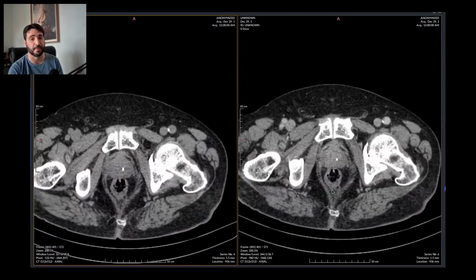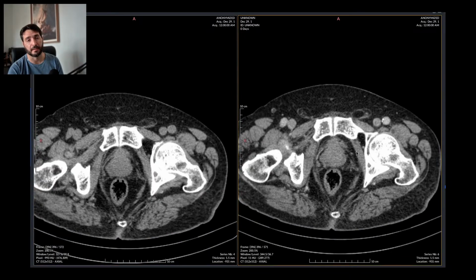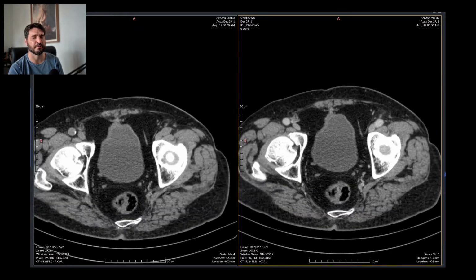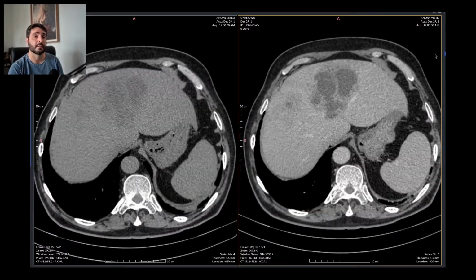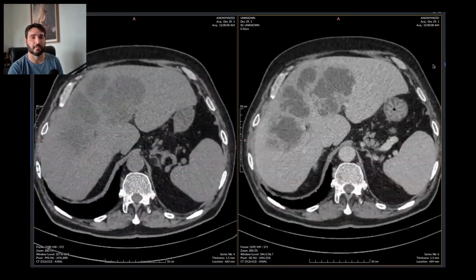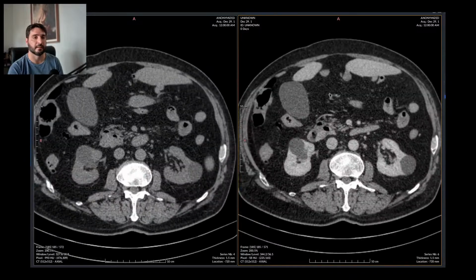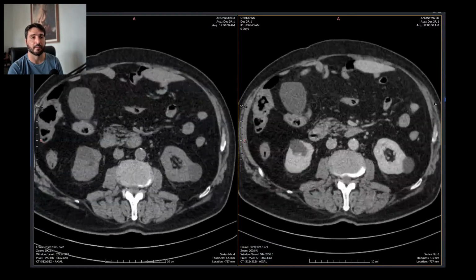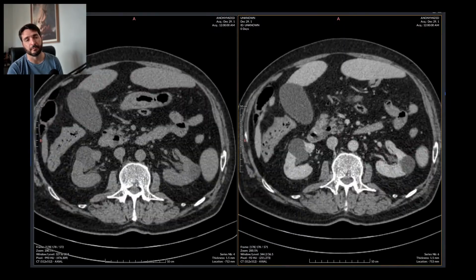This is a male patient. I'm sorry. I just realized there is a prostate here. So I must be confusing it with another case I recently reported. This is my case from my practice. I saved it to share with you guys. And we also have a duodenal diverticulum right here.